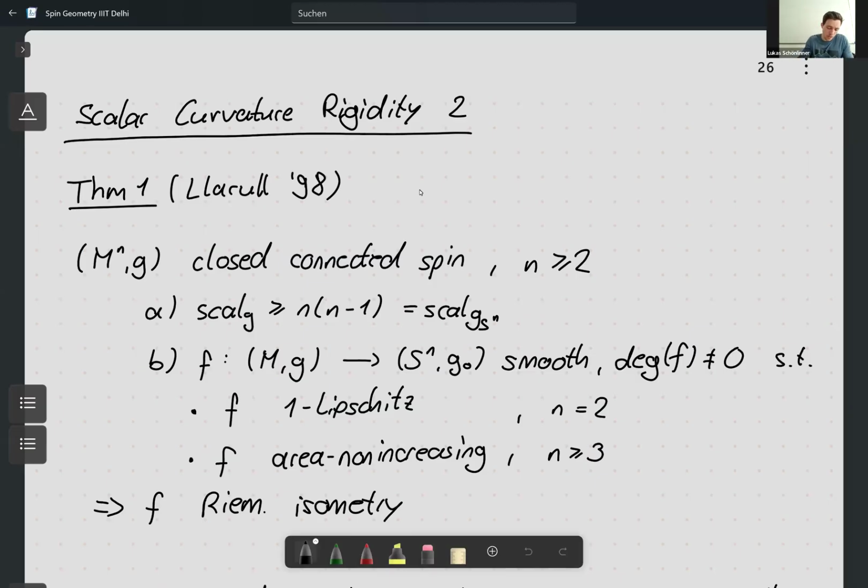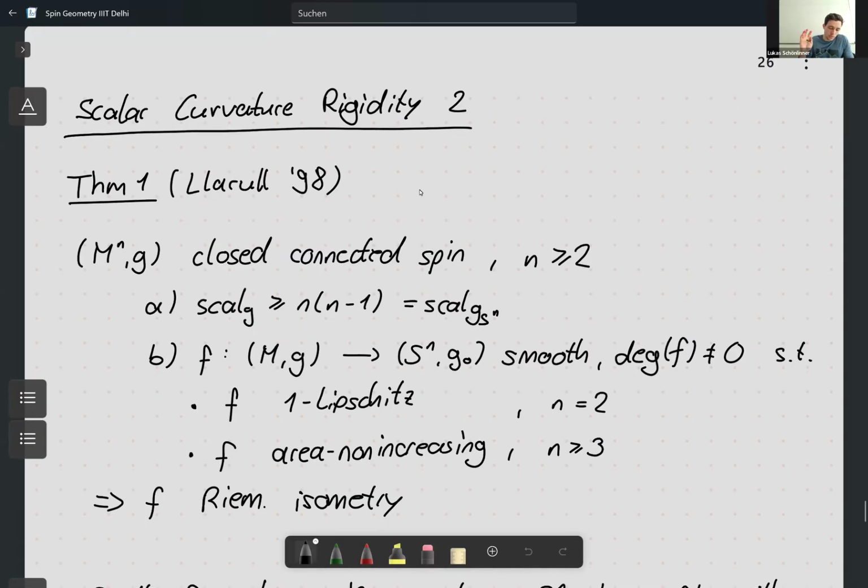Okay, I will recap from last time Llarull's theorem. It was kind of the original scalar curvature rigidity theorem. We have a closed connected spin manifold, dimension at least 2.